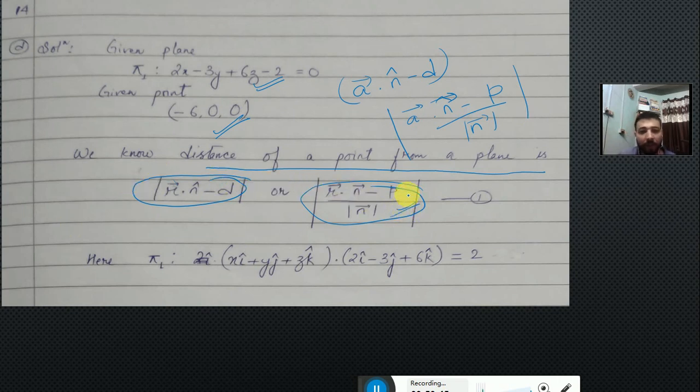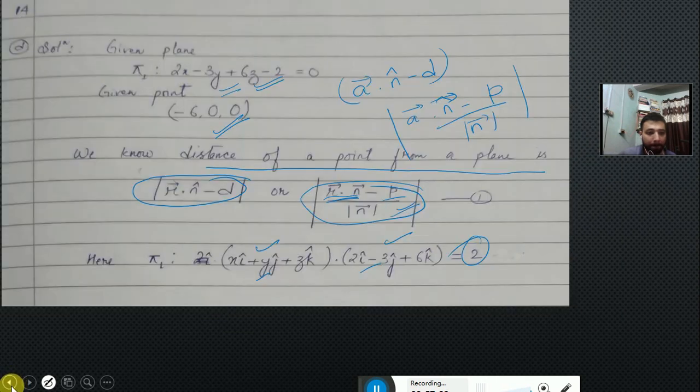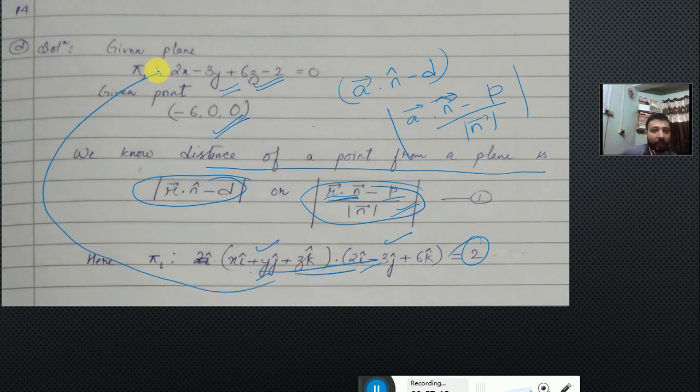Our given plane is like this, so we separate it and we write it in the form of r dot n vector minus p. So this is my r, this is my n, and this will act as p. Clear? Now when you do r dot n, you will get this one back, right?